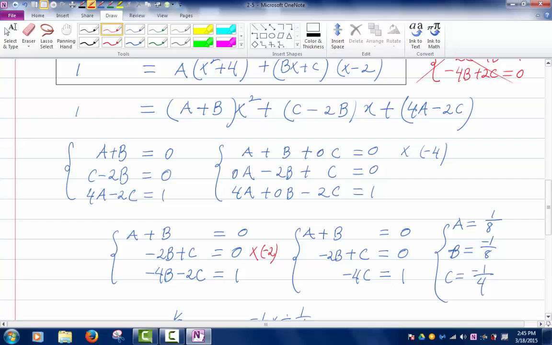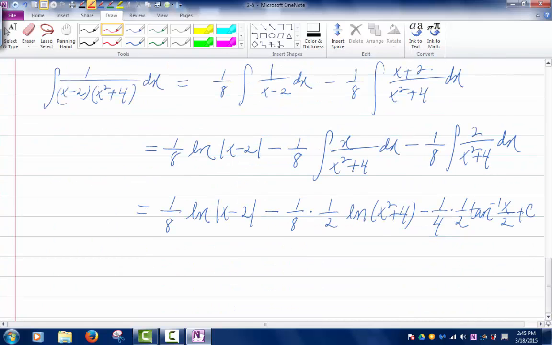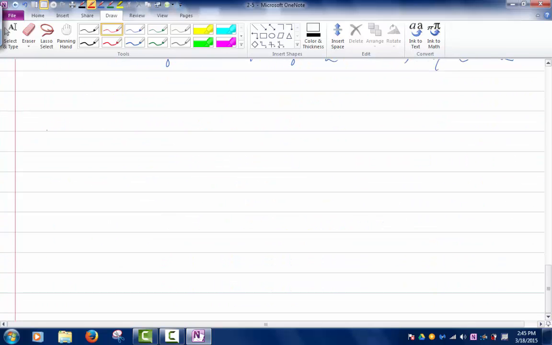Okay, so let's say I have the integral of 1 over 1 plus e to the x dx.